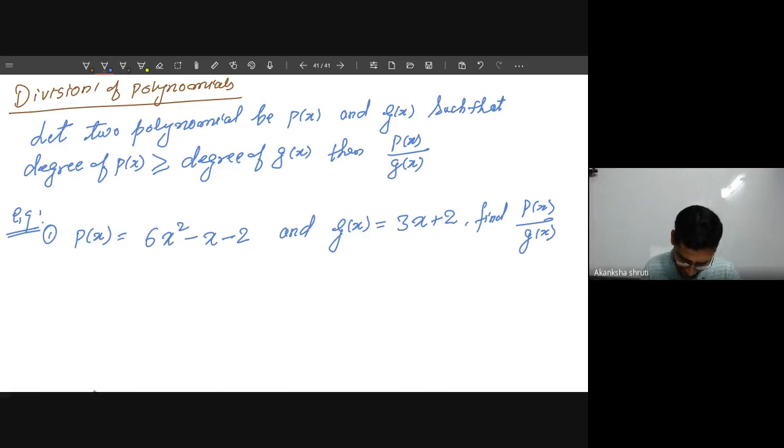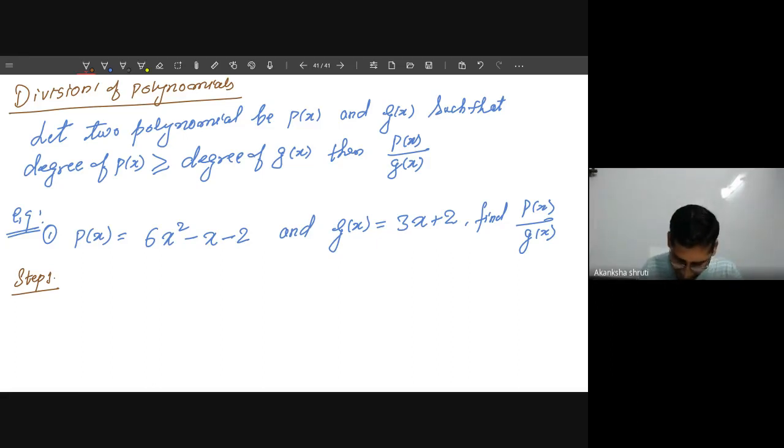So let us go for dividing this. Students, what are the steps? I will write all these steps and do it, so you also write in parallel. Wherever I am writing with the red pen, you also write in the red pen.